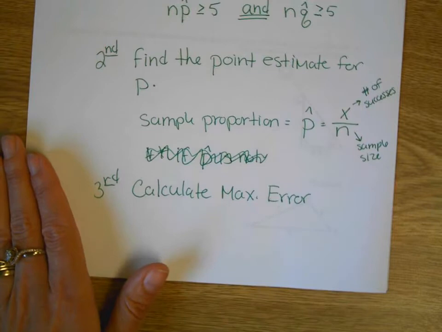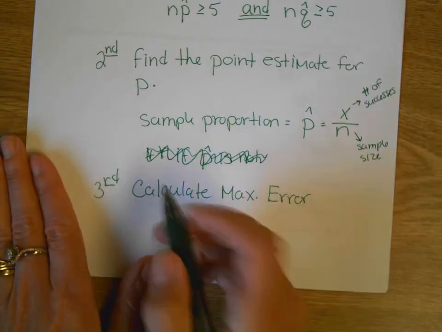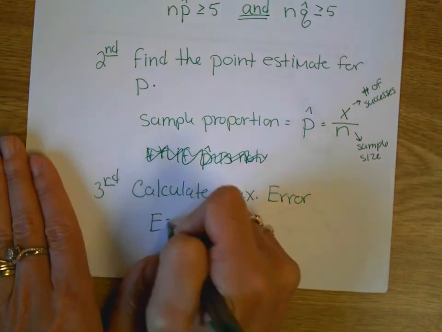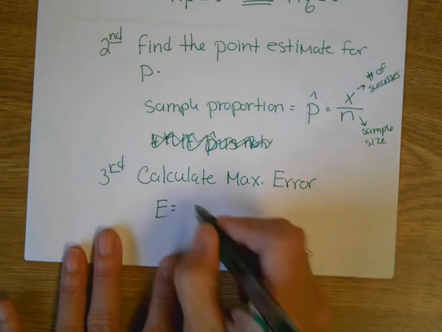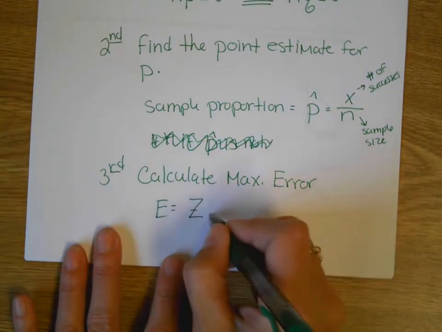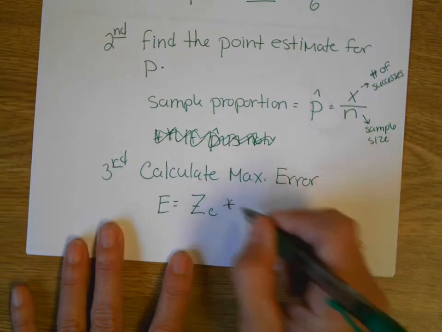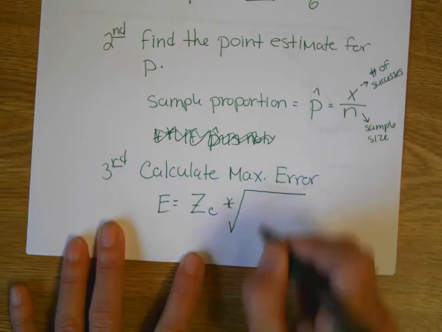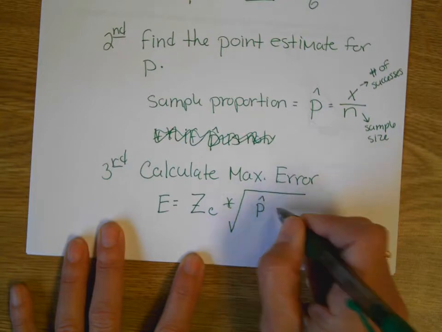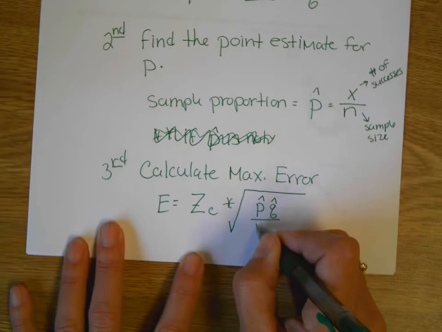So remember before we were doing the 3-step process. Here we got a 4th step, and the only thing that's extra is we got to check to make sure that it's normal. But our max error formula is slightly different than you've seen. Always going to be a z-score if it's normally distributed from step 1. So you're back to that little table from 6-1. So the z-score for your confidence level multiplied by the square root of p hat times q hat over n.